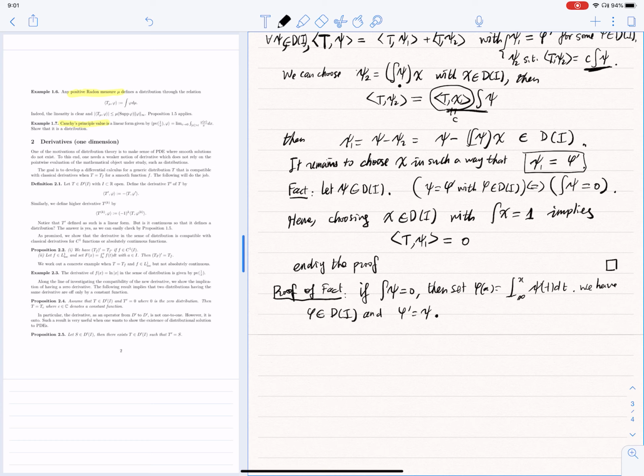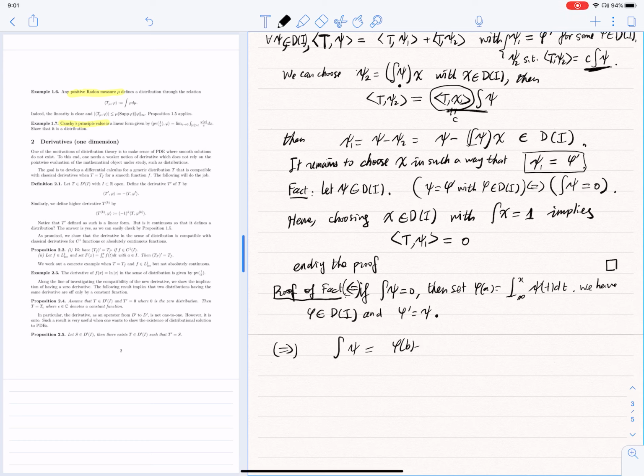And it is also clear that phi prime is equal to psi. Okay, so this gives us one direction, and for the other direction, we have that psi is a derivative of a test function. Then the integral of that will be the boundary value of the primitive, right?